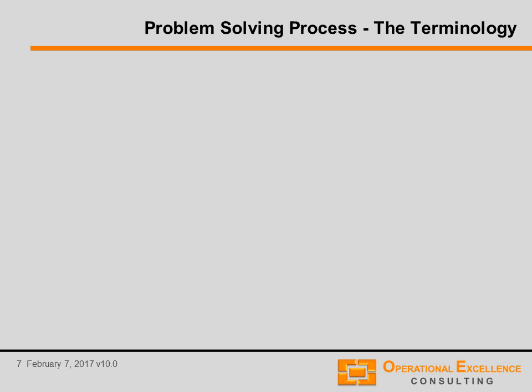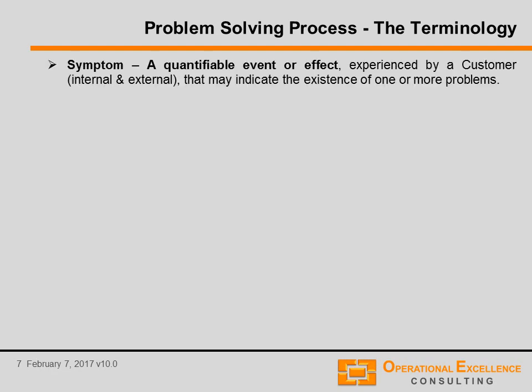Let's first talk a little bit about problem-solving terminology, because if you think about how to solve a problem, then any problem-solving process really has to do the following things for you. And the 8D problem-solving process does that very efficiently and very effectively. So any problem-solving process starts with a symptom. Now, what do we mean by a symptom?